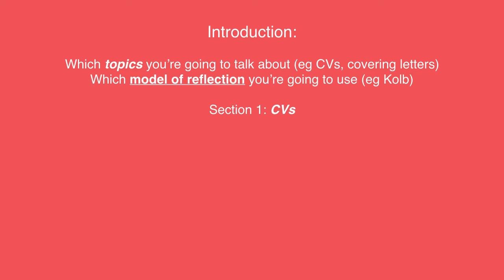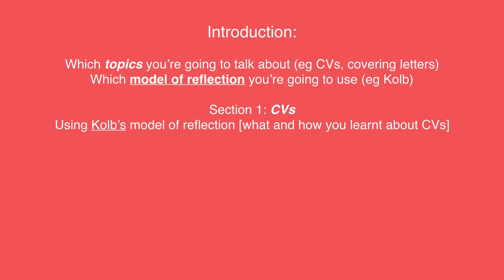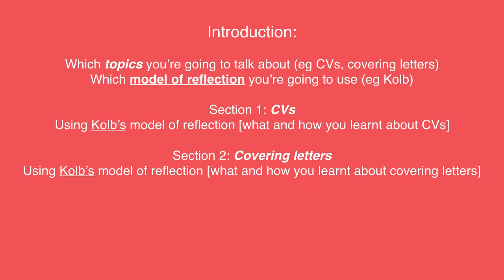Section 1, CVs. Using Kolb's model of reflection, or whichever model you want to use, what and how did you learn about CVs? Section 2, covering letters, and look at this. Using Kolb's model of reflection, what and how you learnt about covering letters.